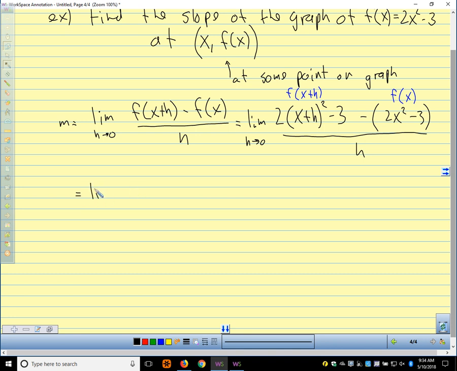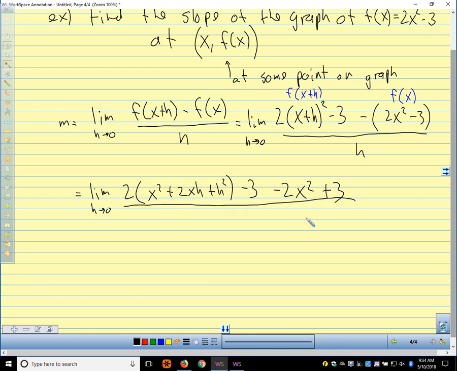All right, so this is going to be the limit as h approaches 0. And we're just going to do all of this stuff. 2 times x plus h squared, x squared plus 2xh plus h squared. Minus 3 minus 2x squared plus 3 when I distribute here. All over h.